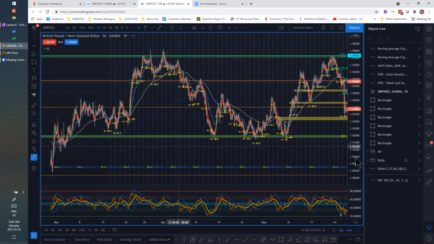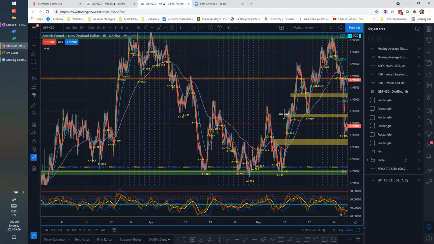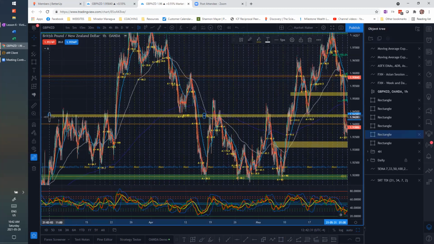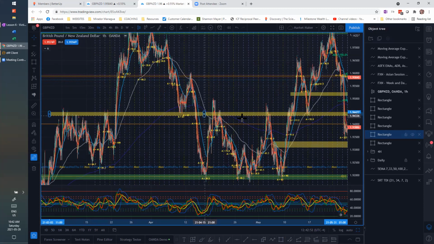If I'm looking to see how strong something is, like this one, I can actually take that all the way back here and go, yeah, it has some validity back in that area too, because it's had lots of rejections off here, close in here. So I might bring that up a little bit higher. But again, it's just a general zone of interest that I'm looking at.